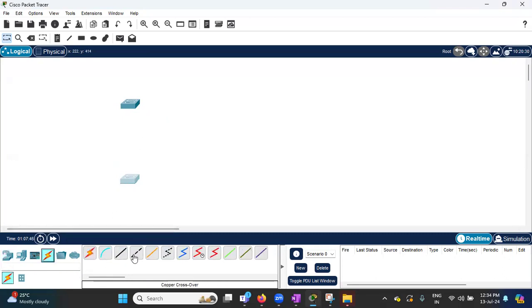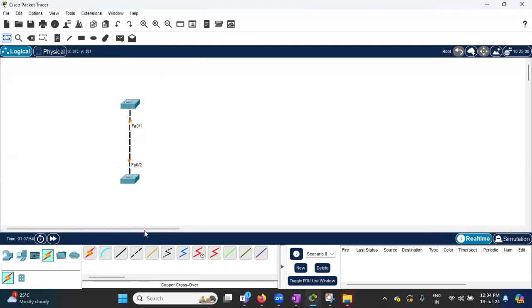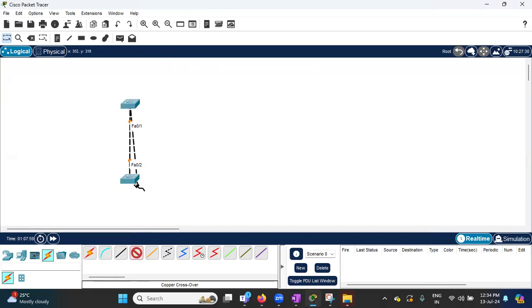So I will take a crossover cable, same device, port number 1. We will connect port number 2 here, and with the second cable I will connect port number 2 to port number 1.